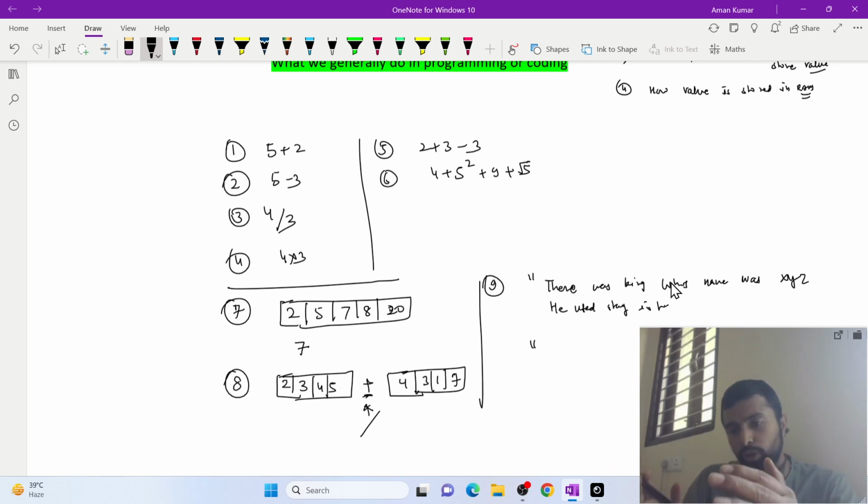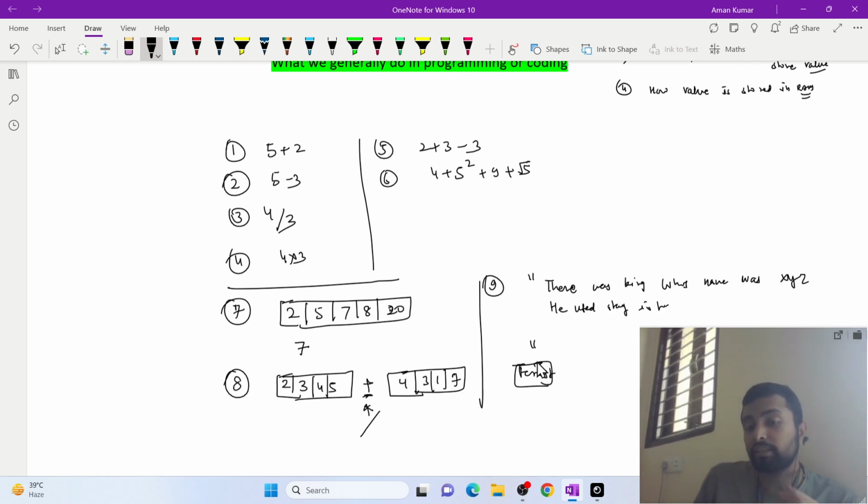So there is a story of 10 lines. Now your task would be to search for the keyword forest in this story, that is, to check whether the word forest is present in this story or not. This type of operation you would be doing while coding.